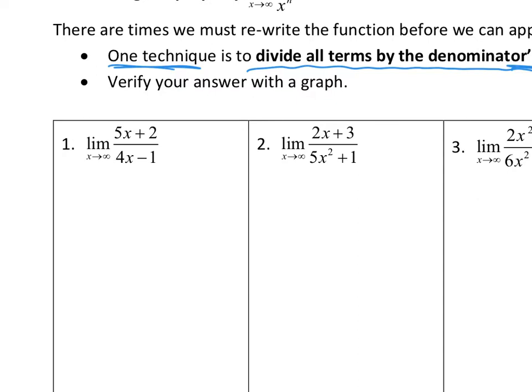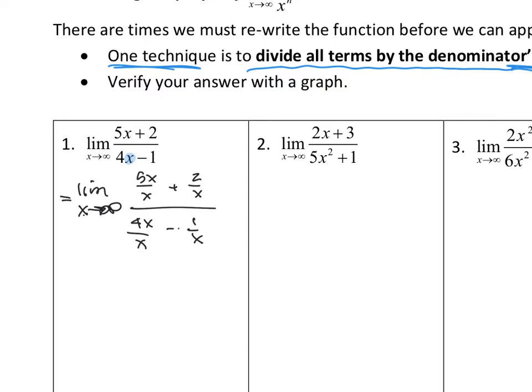So in this particular problem, you will notice that x is to the power of 1, which is the highest. So we are going to take the limit as x heads to infinity, and we're going to have 5x over x plus 2 over x. See, we are dividing every term by that highest exponent.